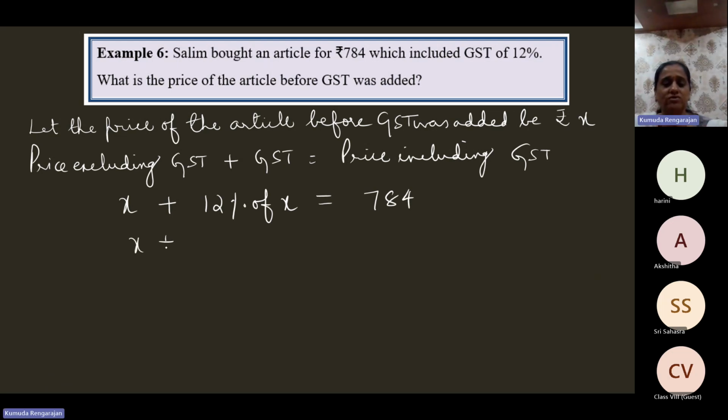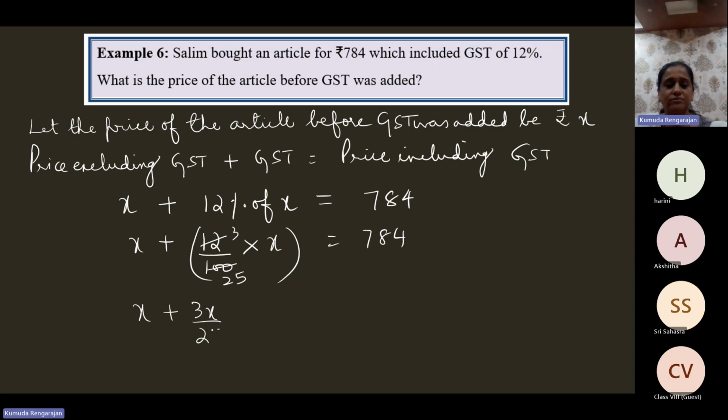So X plus 12% means 12 by 100 of X is equal to 784. Okay, so 4 3s are 12, 4 25s are 100. So X plus 3X by 25 is equal to 784. Because 3 into X is 3X by 25 is equal to 784. I'll just work here.